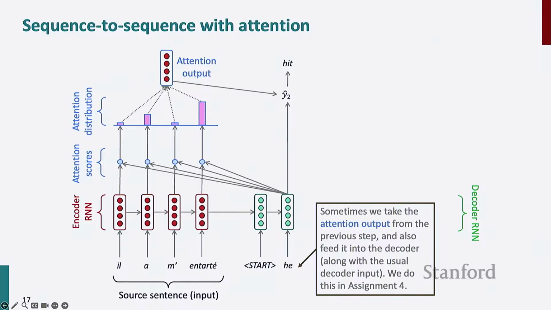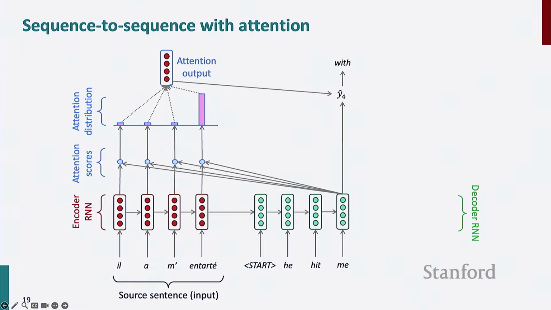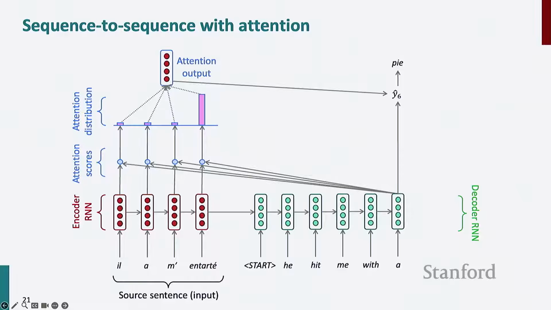And we actually do that in, it should say assignment 3 there, that's buggy. So there are other ways to use things, but I'll sort of gloss over that. We generate another word and we sort of repeat over, and at each time step, we're looking at different words in the source, and they will help us to translate the sentence.